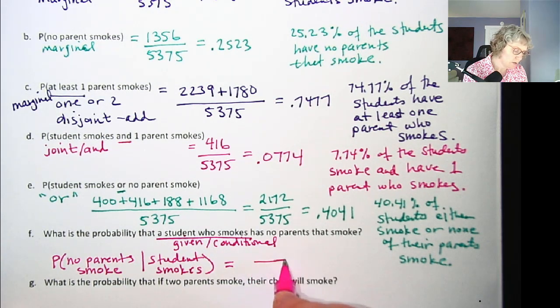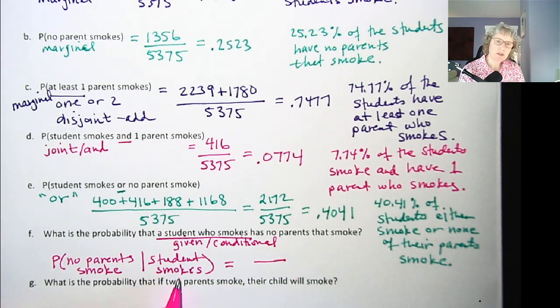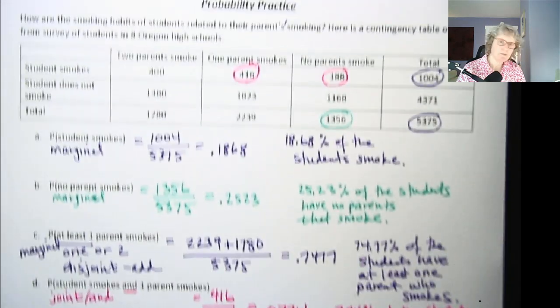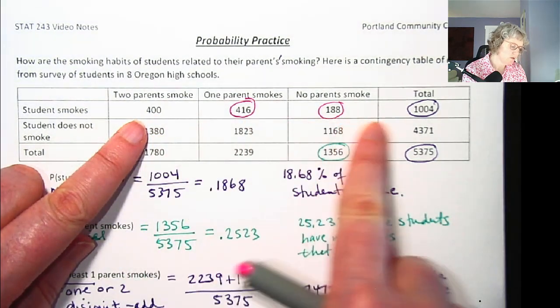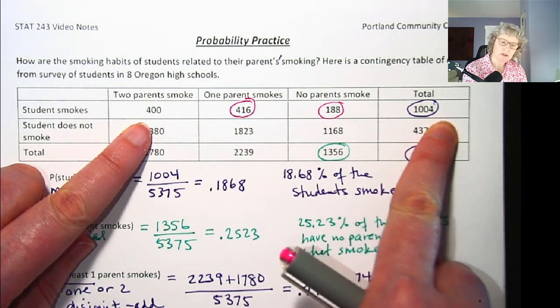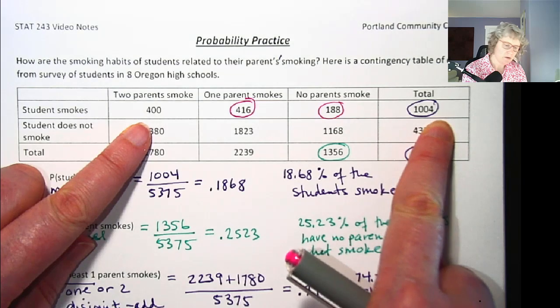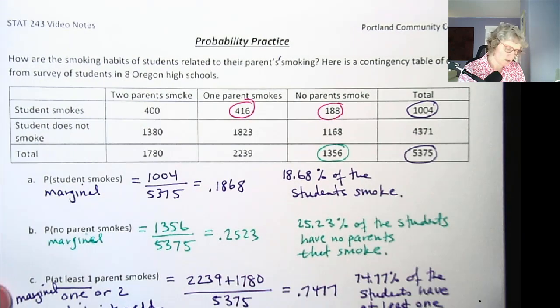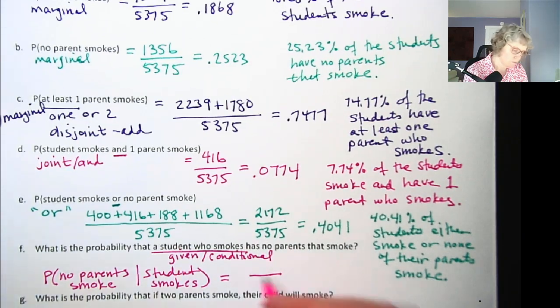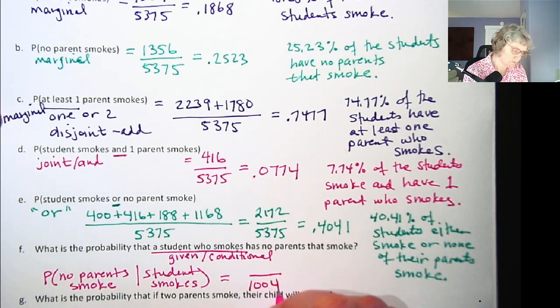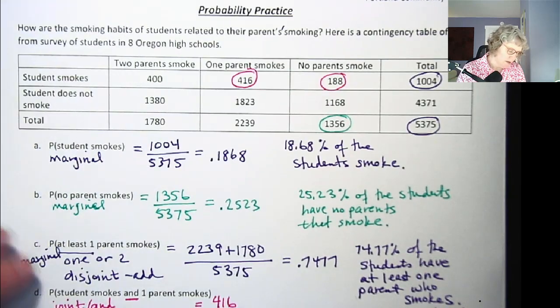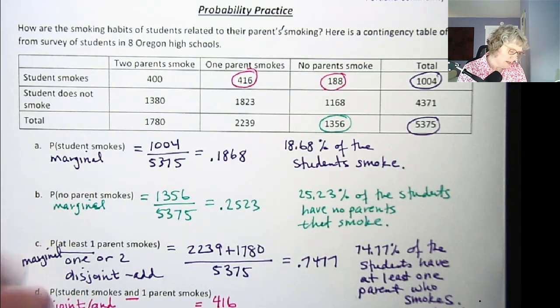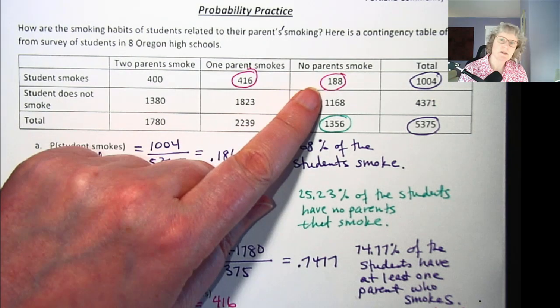Okay, so remember how this conditional limits it to one row or one column. So I'm going to write my denominator first. So we're only looking at students who smoke. So that is this first row, students who smoke. So I know my total is going to be out of 1004. And then within that row, how many have no parents smoke?